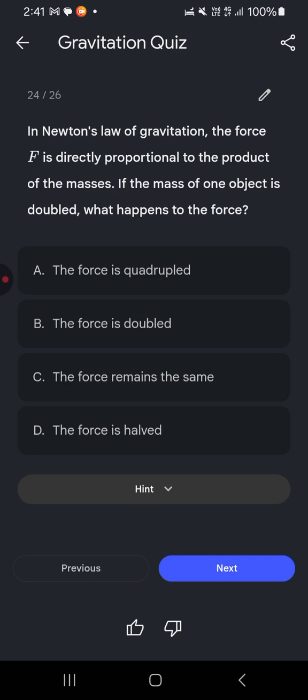In Newton's law of gravitation, the force F is directly proportional to the product of the masses. If the mass of one of the objects is doubled, what happens to the gravitational force between the two objects?